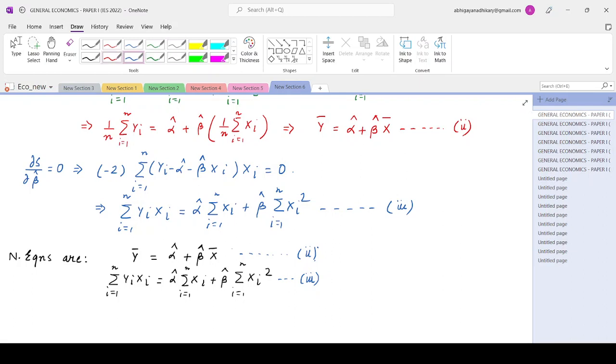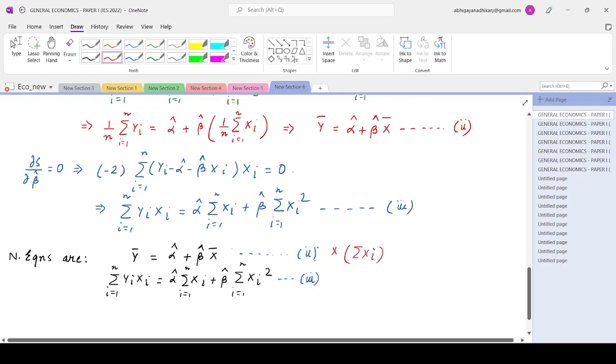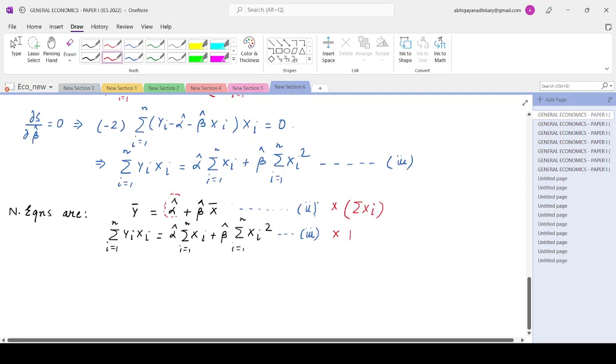That is basically an easier way. I'll show you why. So maybe I can multiply the first equation by summation xi and this by 1 and subtract them. You can see that this alpha hat will get multiplied with summation xi and it will get cancelled out. So that will make it much easier, and you will subtract.